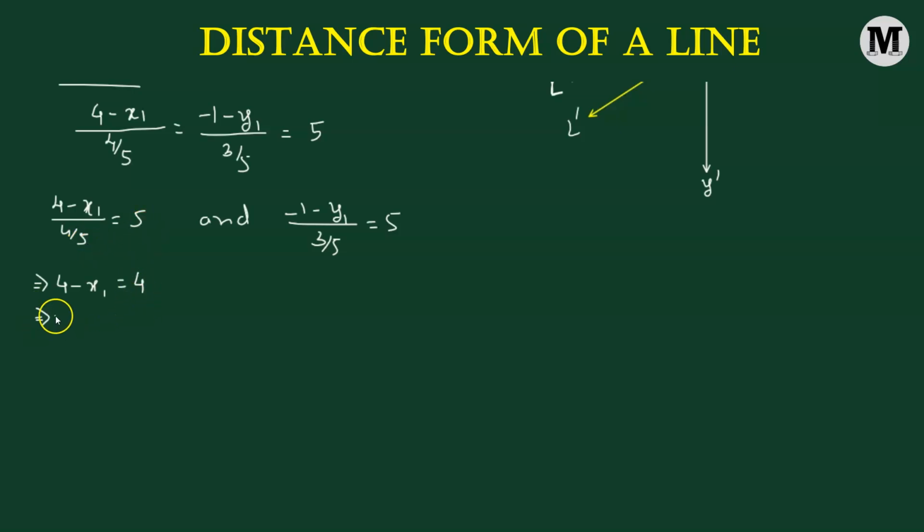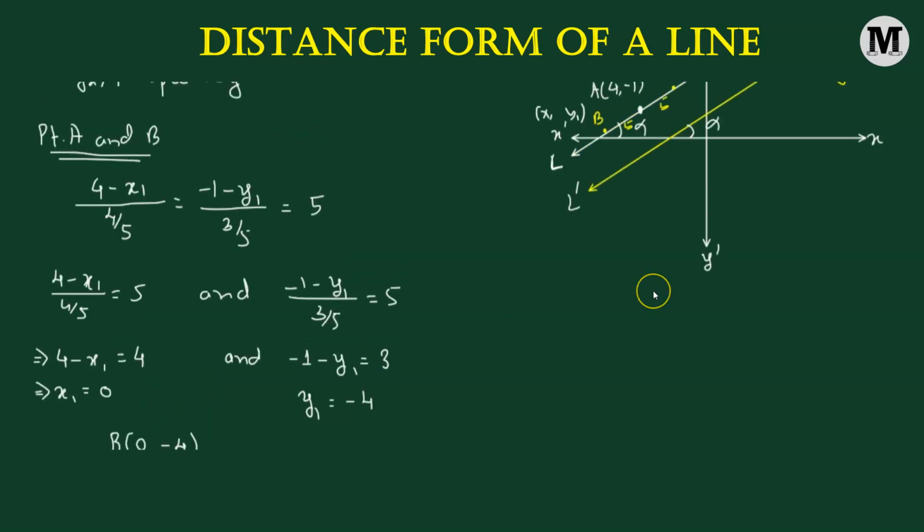Solving for x1, we get x1 equals 0. Next, we solve for y1. We have -1 minus y1 equals 3 over 5 multiplied by 5, which leaves us with positive 3. So y1 must be equal to -1 minus 3, which gives us -4. So here we have successfully obtained the coordinates of point B as 0, -4.